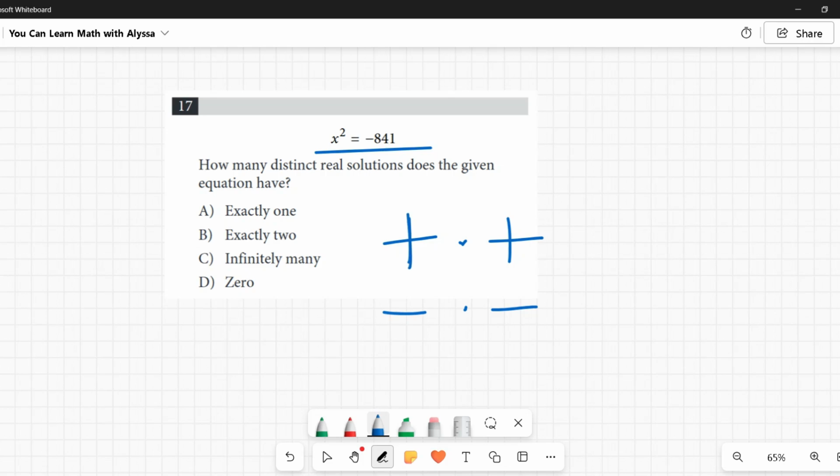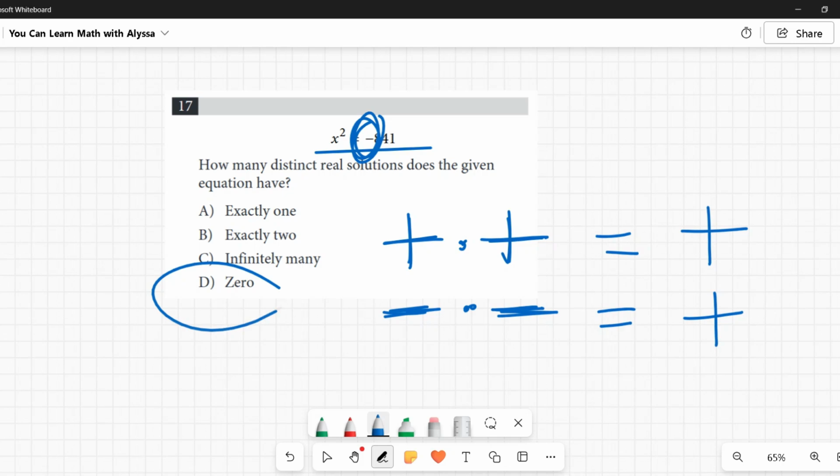A positive times a positive equals a positive, and a negative times a negative also equals a positive. So there is no way that a real number squared would get us to a negative anything. It doesn't matter that it's negative 841; the number after is irrelevant. Just the negative is relevant. It's impossible. There are 0 real solutions to that equation.